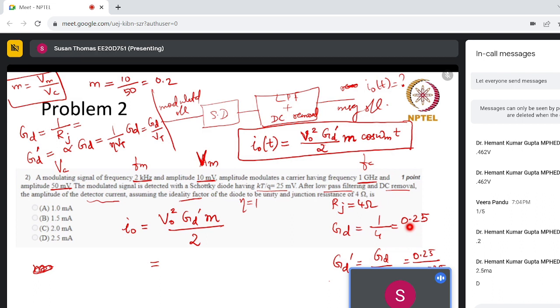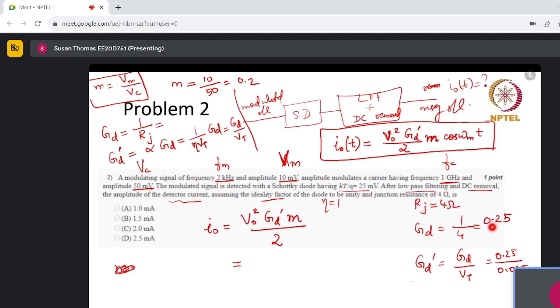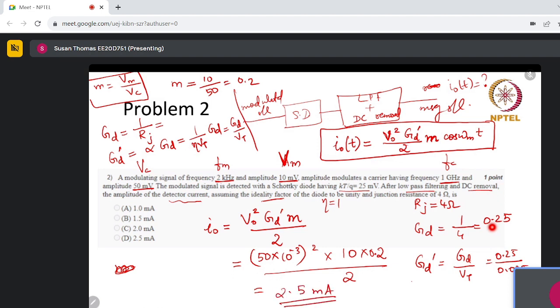Okay, you have the final answer, right? That is 2.5. Yes, right answer. As I said, take 50 millivolt square into GD dash, which is 10, into modulation index 0.2, by 2. Once you solve, you will get it as 2.5 milliampere.